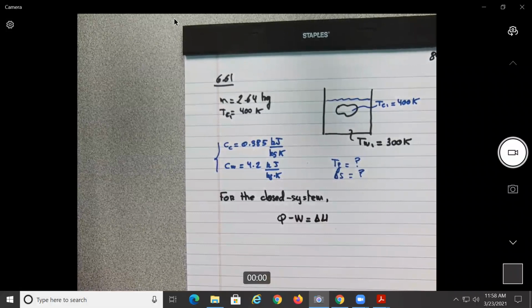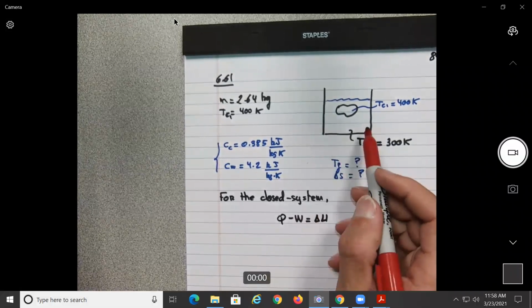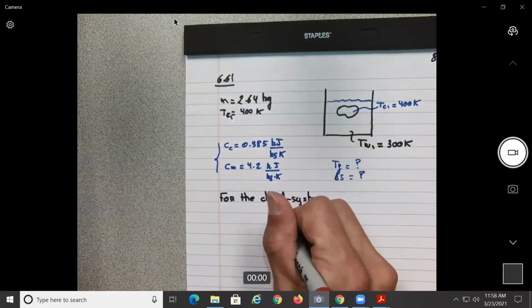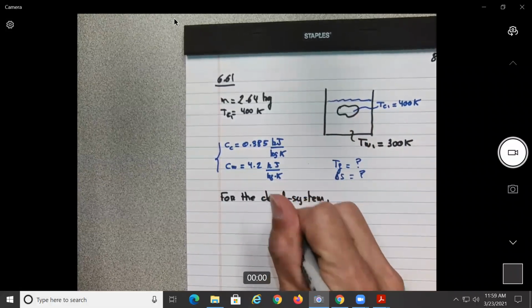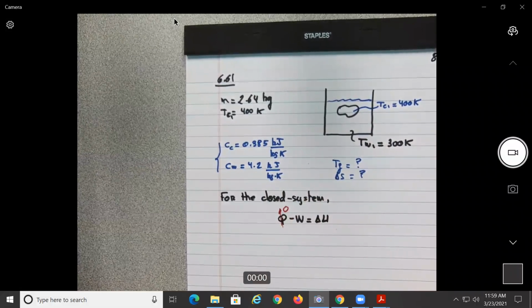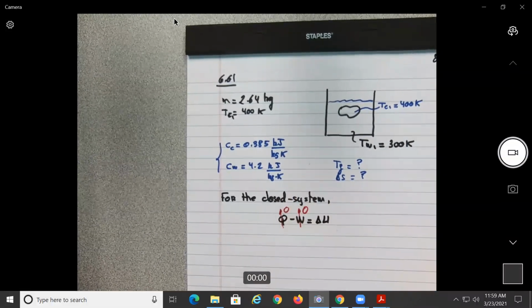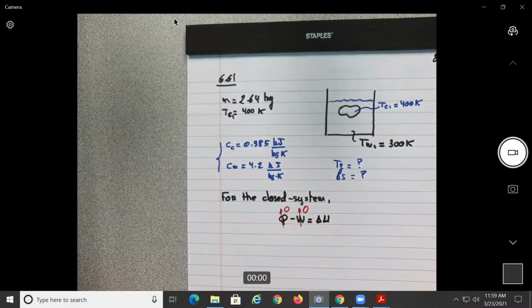Okay? So this is important. Now, they say to ignore any heat of the system with the surroundings. So what does that mean? This is 0. Do we have any work done? So this is 0. Now, they don't say that to us, but I think we can make the assumption.